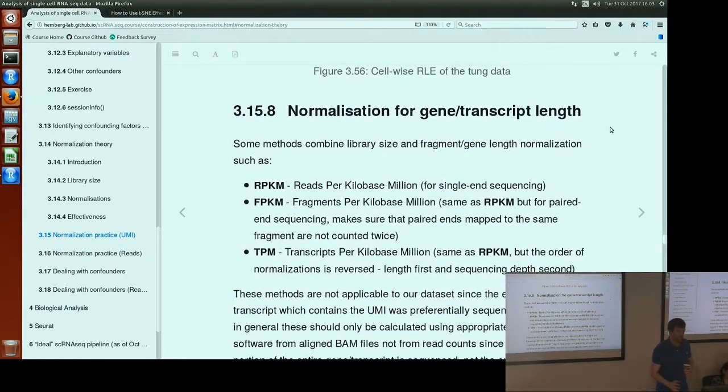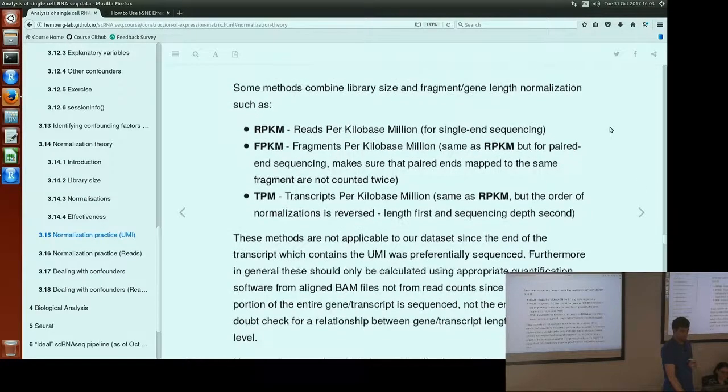So all of those size factor normalization methods discussed there effectively ignore gene or transcript length, but some other methods do combine library size and fragment or gene length normalization. These include RPKM, reads per kilobase per million mapped, designed for single-end sequencing, and FPKM, fragments per kilobase per million mapped, which is the same as RPKM but for paired-end sequencing, making sure that the paired ends mapped to the same fragment are not counted twice.